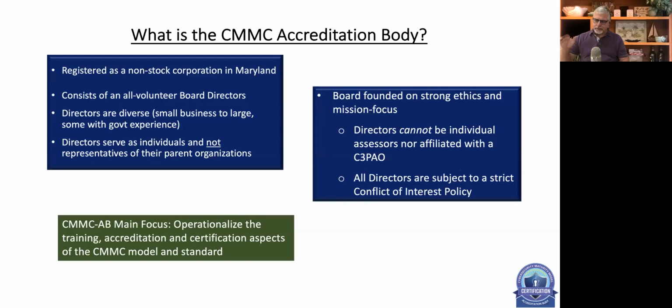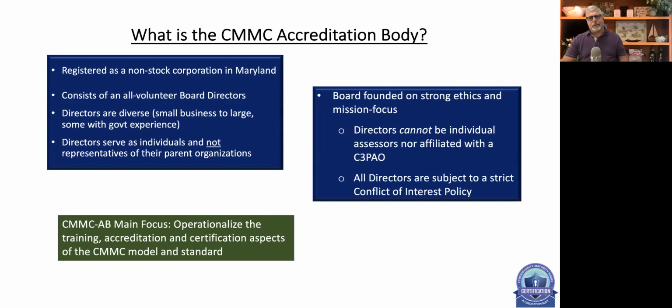Now, at some point, it'll be a full corporation with employees, and then there'll be a training organization that's separate from it. And then there'll be licensed training providers, and all this stuff in the ecosystem is just starting to flourish, I guess. And over the next few months, we're going to see a lot of action in this space.